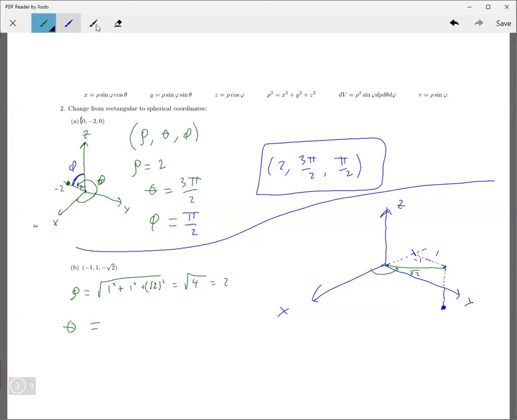Okay, but what is this angle here? See, this is going back 1, so -1 and then a 1 this way, right? What's this angle here? So this side is 1 and that side is 1. So what's that angle?